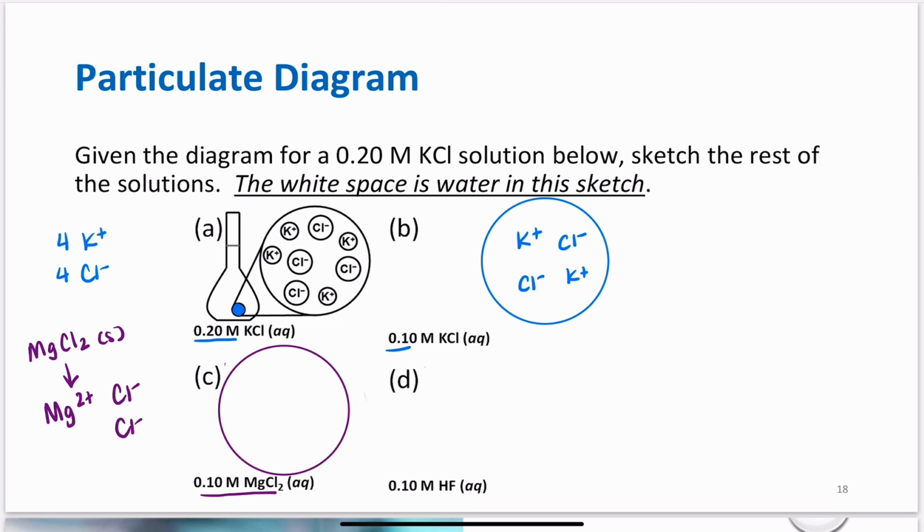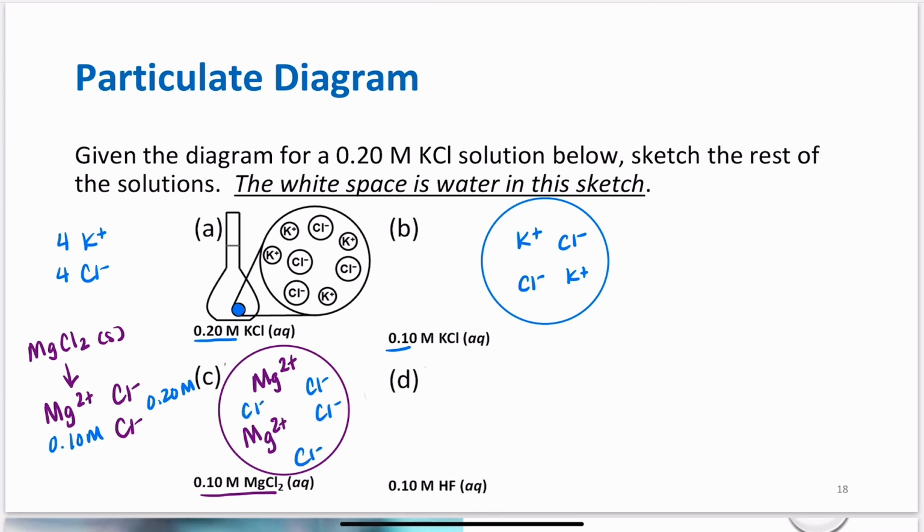So for every 1 magnesium, I have 2 chloride. If I have a 0.1 molar magnesium chloride, that means I have a 0.1 molar magnesium ion, but I have 0.2 molar chloride ions. So based on my previous diagrams, I will have 2 magnesium ions present, and I will have 4 chloride ions present.